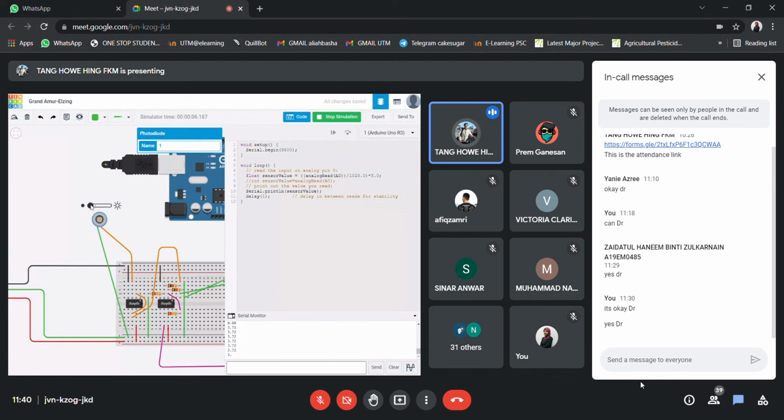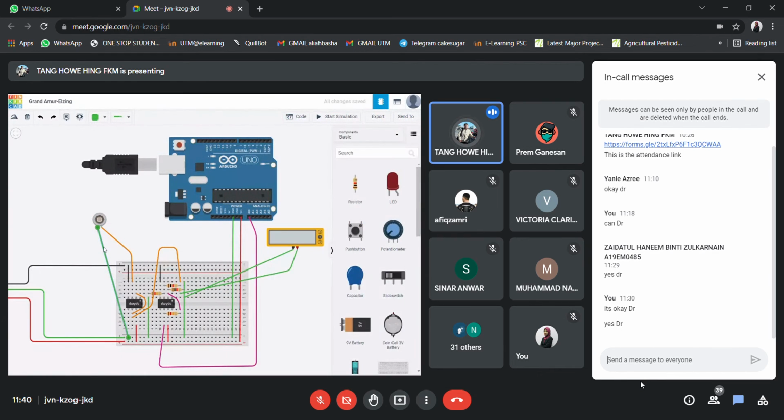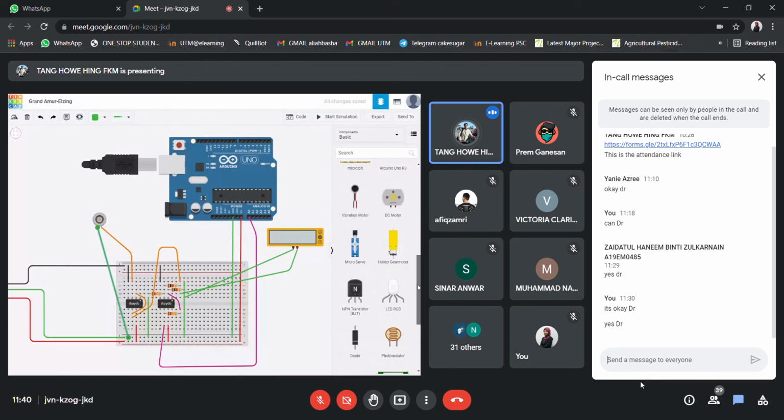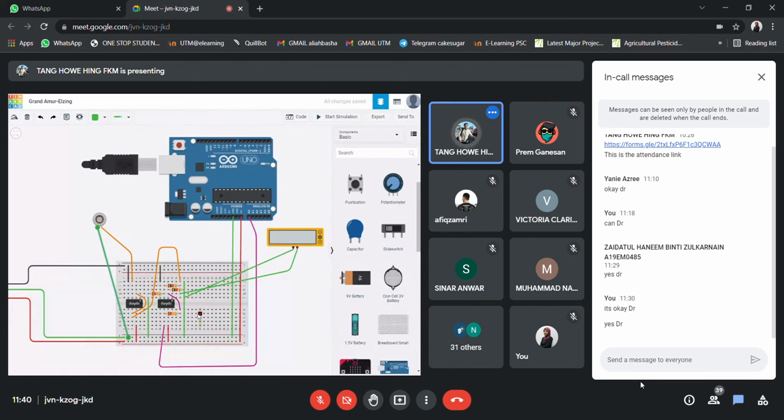You can see that the increment is actually not so linear, and basically it means that this is not isolated. This one I directly connected to the ground, and this I directly connected to the inverting input of the differential amplifier, and supposedly I should add another voltage follower just to isolate this completely. So this is something quite unexpected.